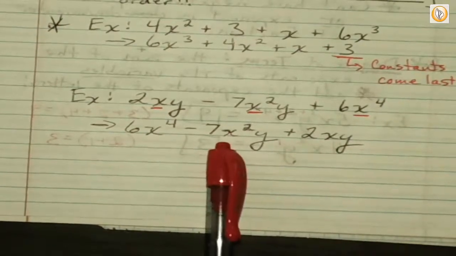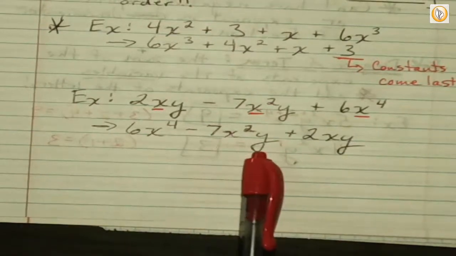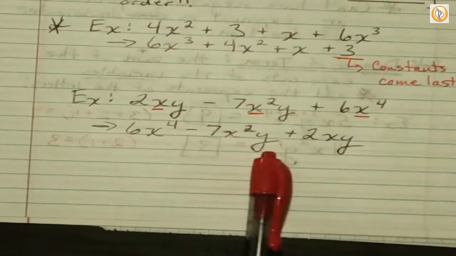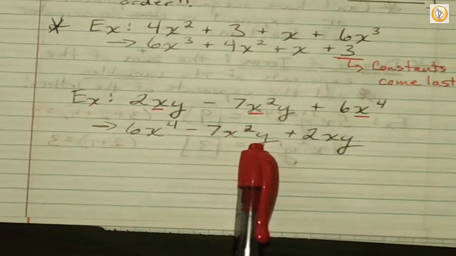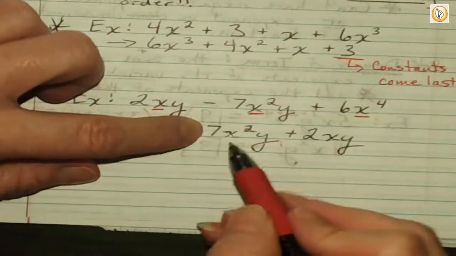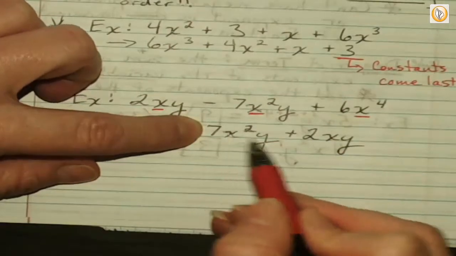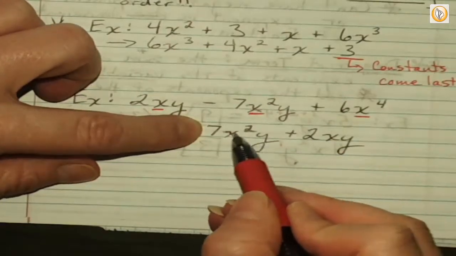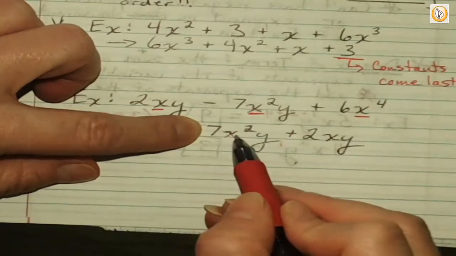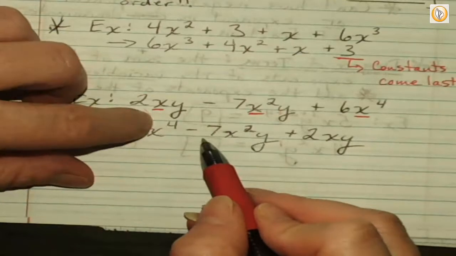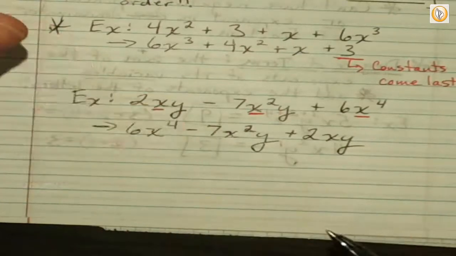So you're saying if we knew the value of x and y? If we knew that x was 2 and y was 3? Yeah. Okay, in that case, you would substitute here and solve this. It'd be 2 squared, so it'd be 7 times 4 times 3, and then you would have your negative here.